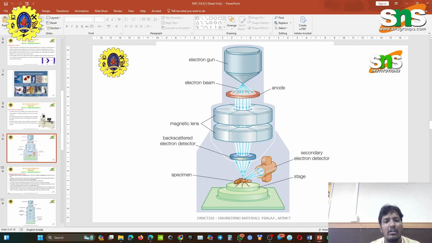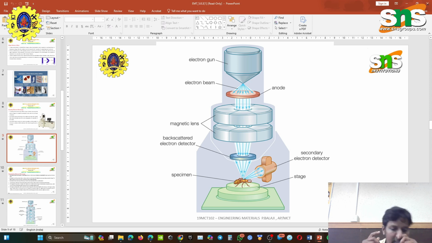So we can see on our screen how we can measure the material image by using the scanning electron microscope. It has an anode part, then lenses, focus points and electron gun points.